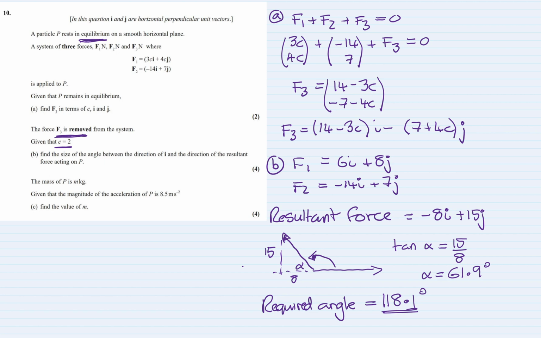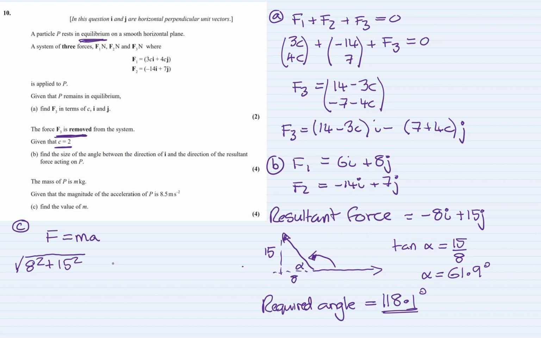We've now been told that the mass of P is m kilograms, and we want to find the magnitude of the acceleration. So I'm going to look at using Newton's law, F equals ma. This is for part C. We know that my resultant force is going to be the resultant force from here, and to find the resultant force, I've got 8 squared plus 15 squared, and I'm taking the square root of that.